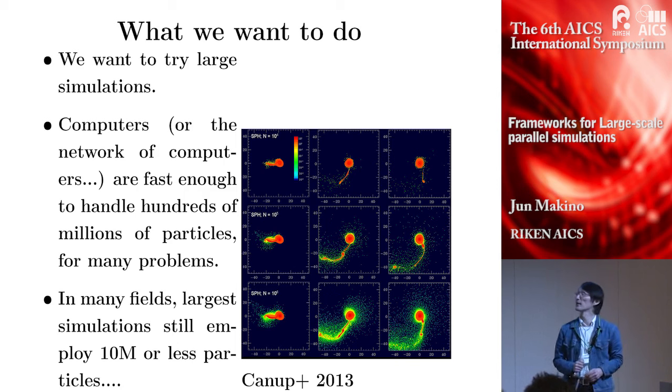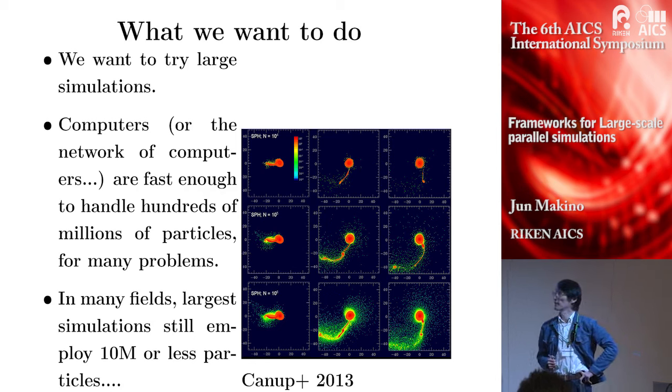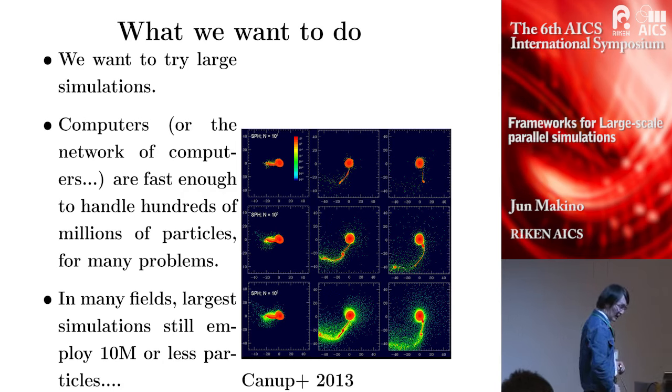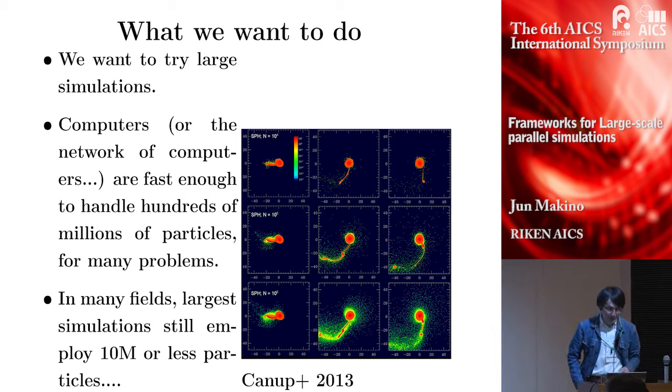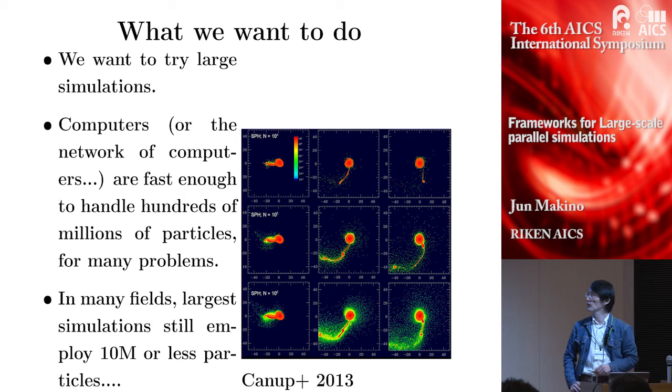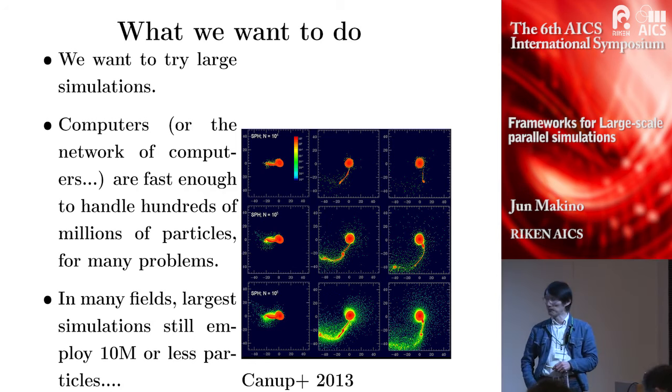The giant impact is the collision between the proto-Earth and a Mars-type planet, which is believed to be the trigger that formed the moon. These are state-of-the-art simulations, and this one is actually still using only something like 1 million particles, not 1 billion or 1 trillion.